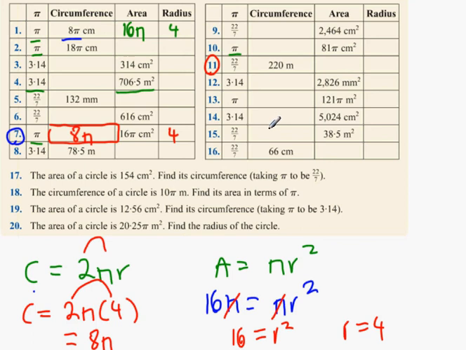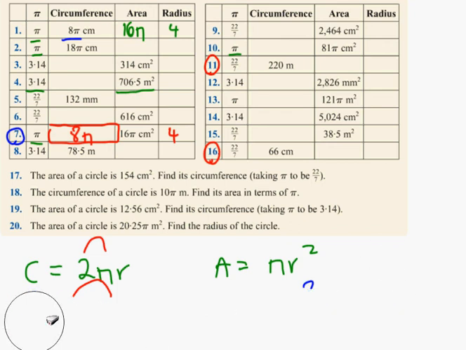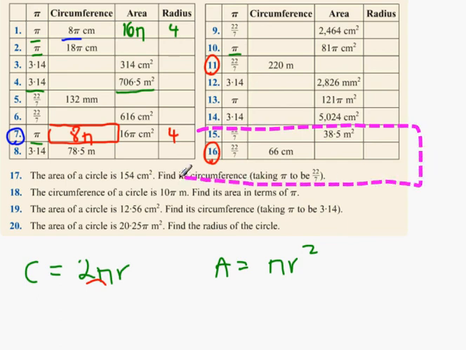Guys, look at this one here, circumference question. We'll do number 16, okay? How do I know 16 is a circumference question? Anybody tell me how I know that? Any idea, Charlie? What's directly underneath the circumference? 66.